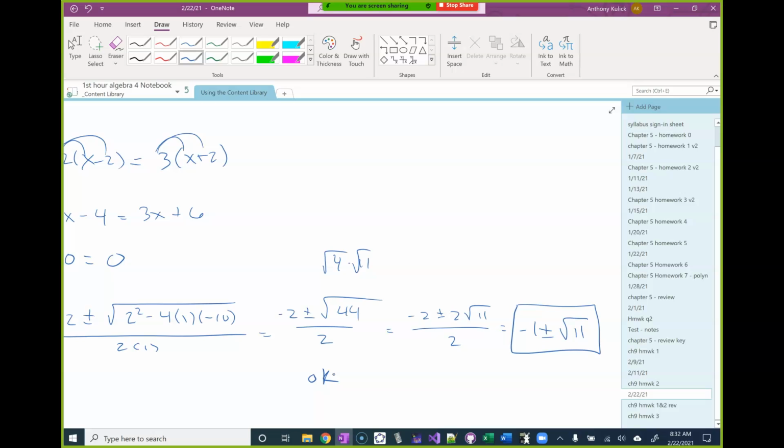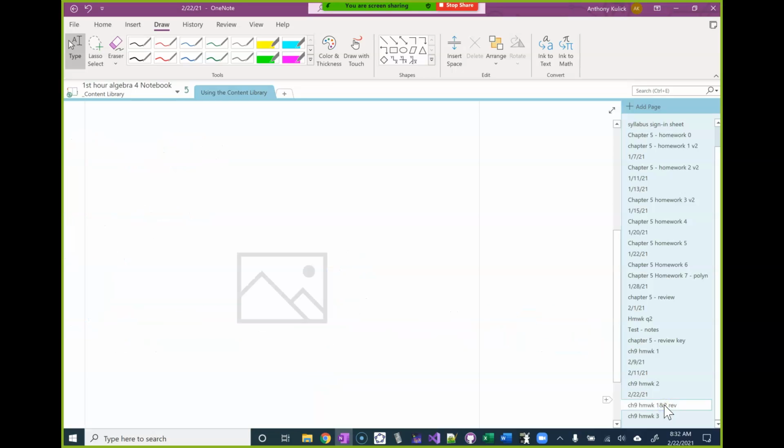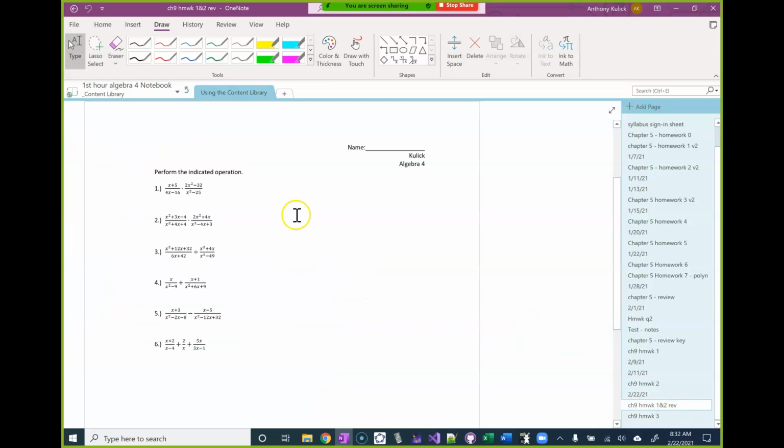Okay. So the assignment for next time: I have 6 problems from worksheets 1 and 2, so multiplication, division, addition, subtraction problems.